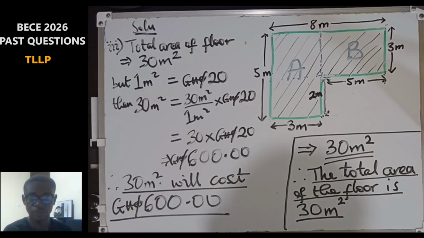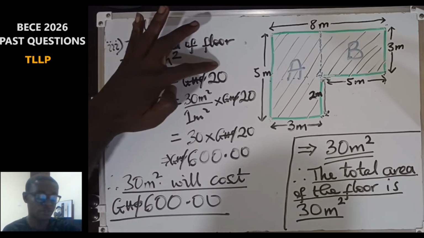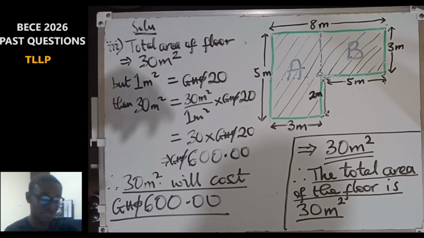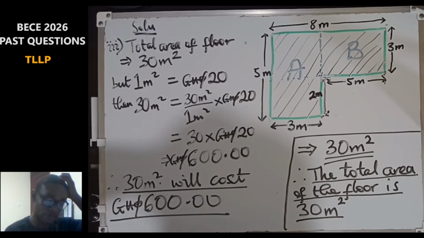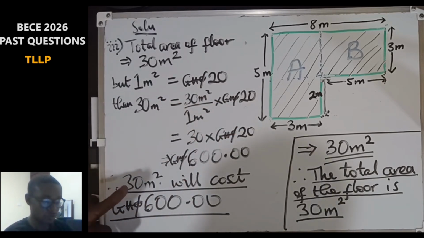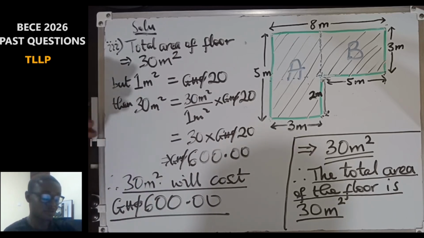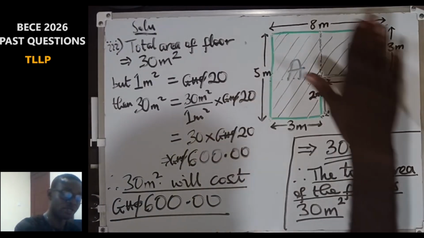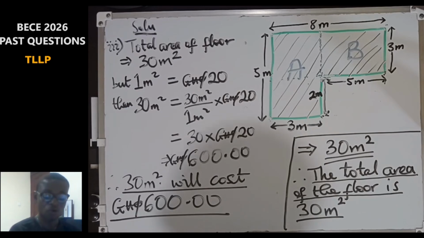So 1 square meter was 20 cedis, every 1 square meter is 20, so 30 will be 30 times 20, and 30 times 20 is 600. So it means the person will use 600 cedis to buy carpets to be able to carpet the entire area of the room.